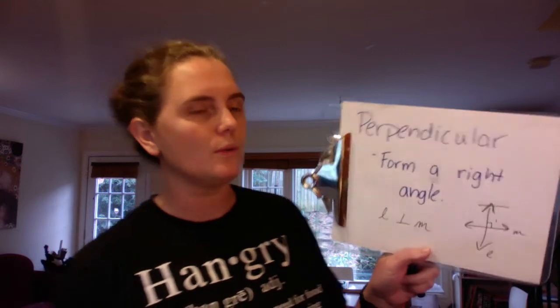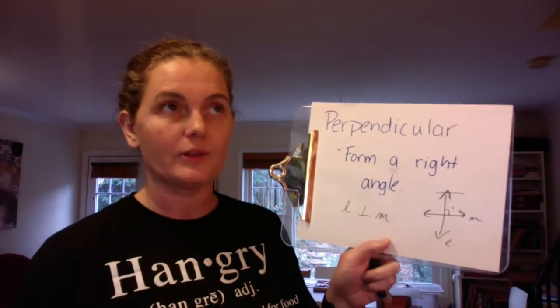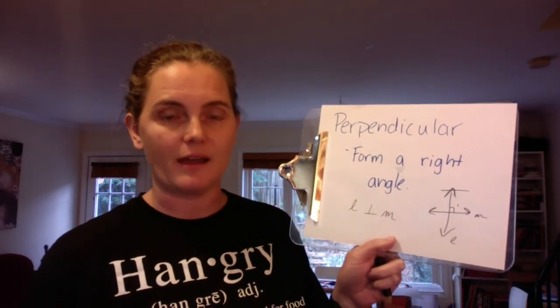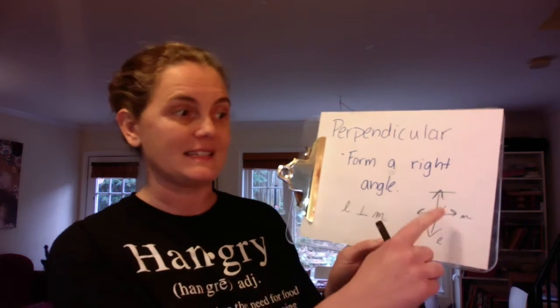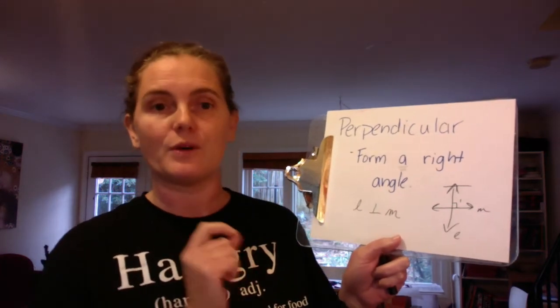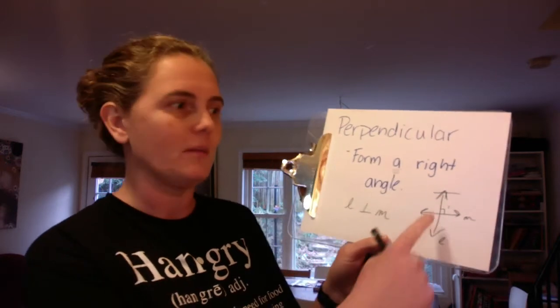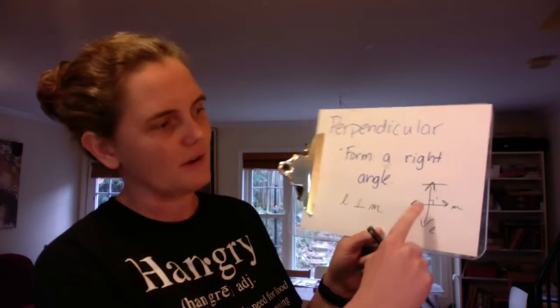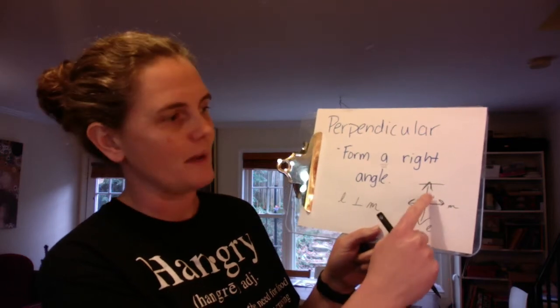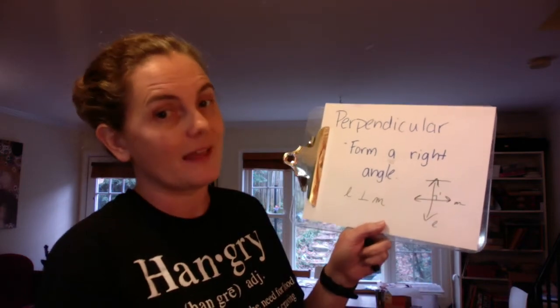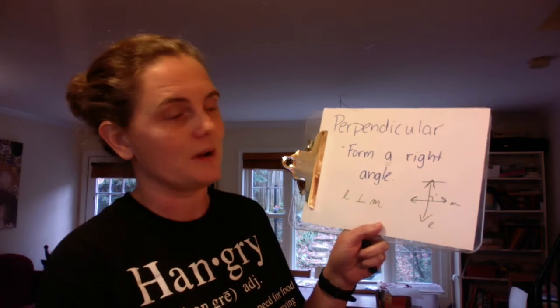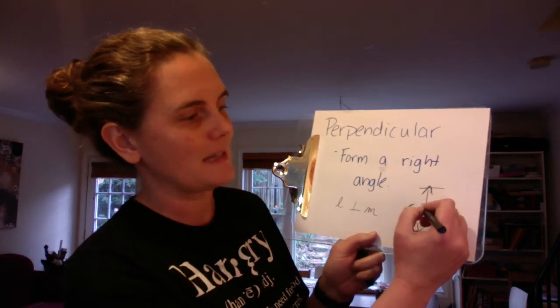Now, you also wind up learning a few more interesting things because of that. This is the definition of perpendicular, that they form a right angle. However, because you know that, you can work your way to figuring out, okay, well, this is 2 lines, which makes these 2 a linear pair. They have to be supplementary. They have to add up to 180, which means that one has to be a right angle.